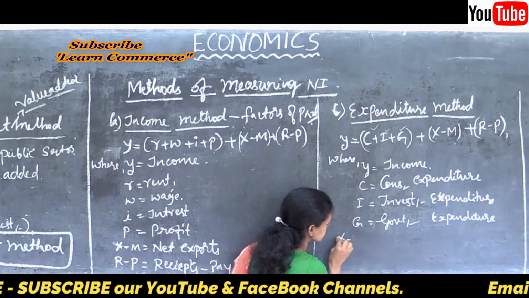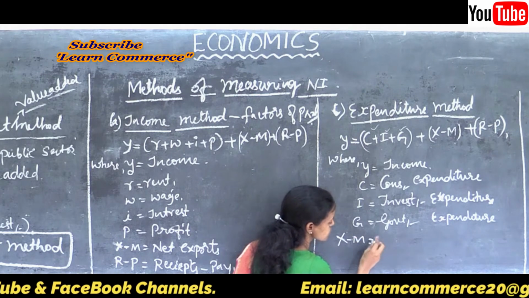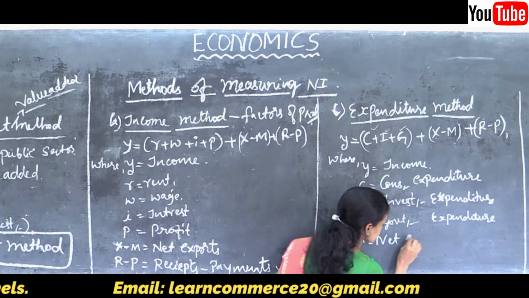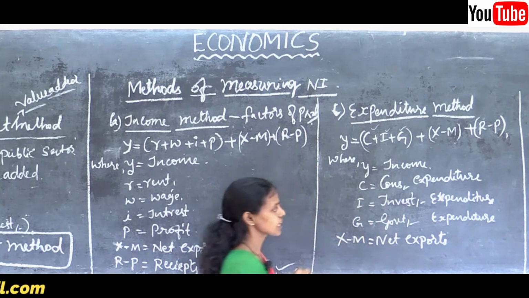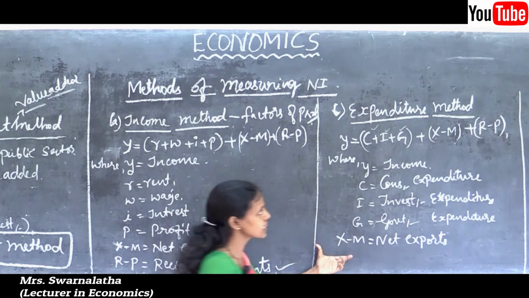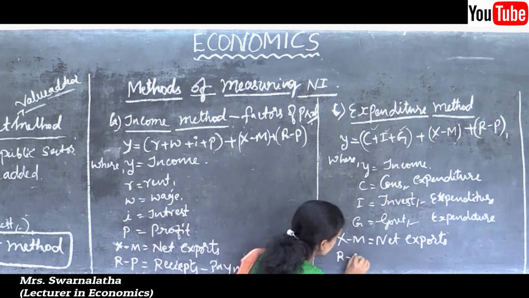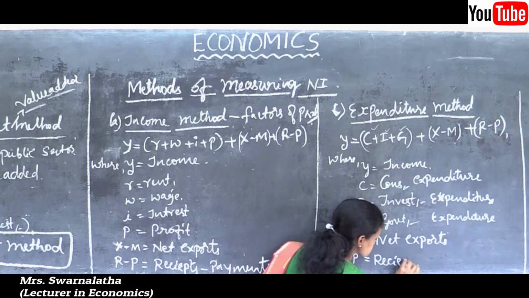Together, X minus M is equal to net exports. While calculating national income, we are considering only the net exports. R minus P means receipts minus payments.